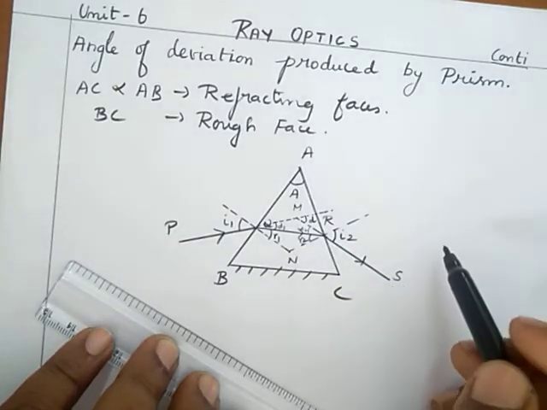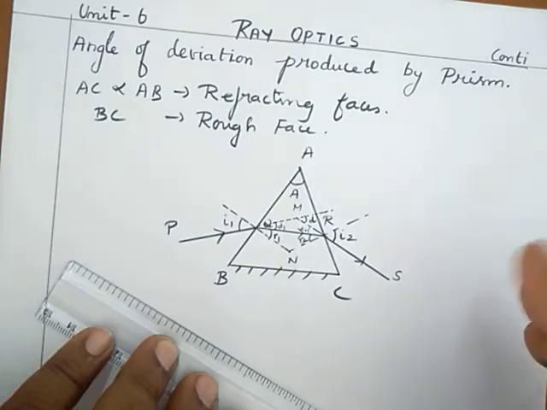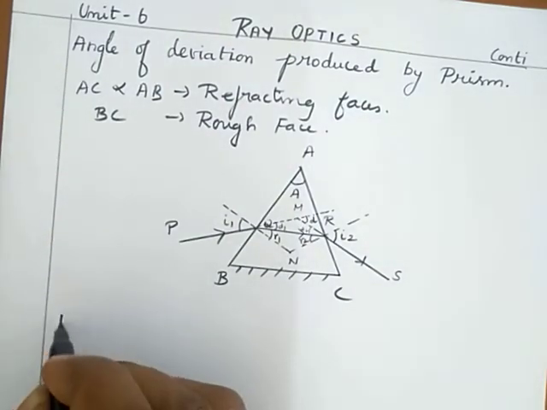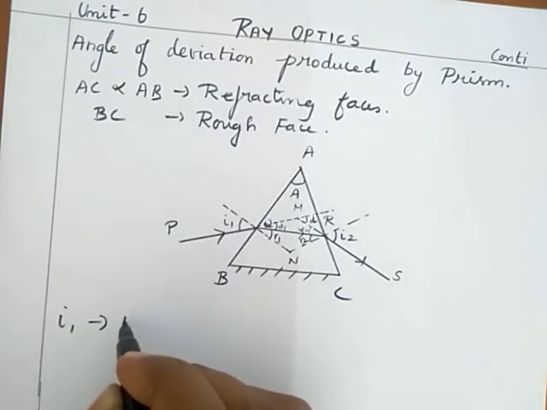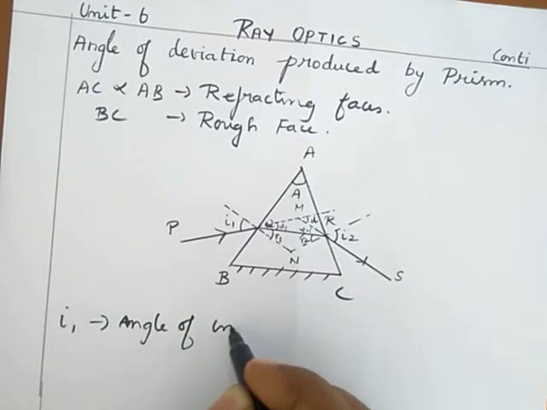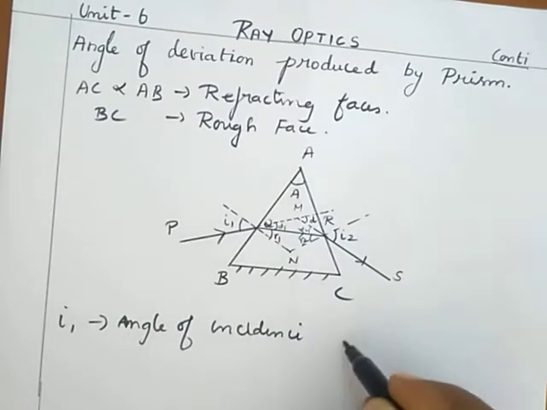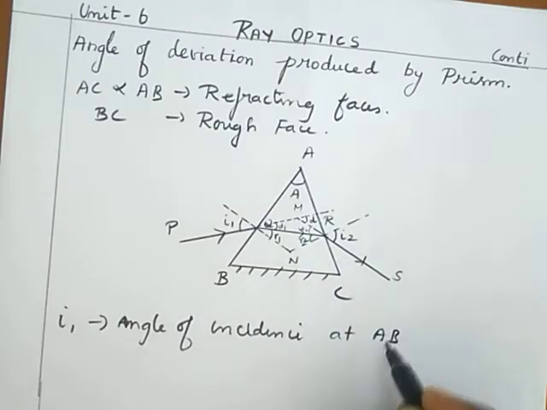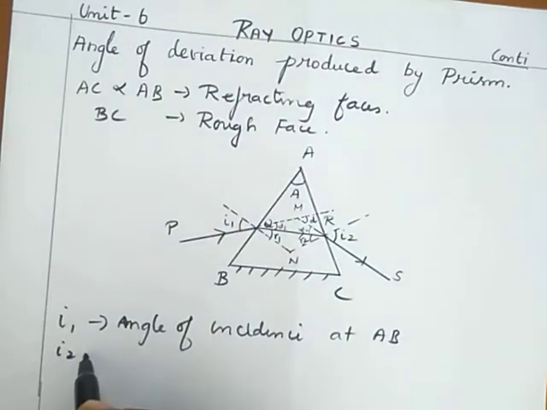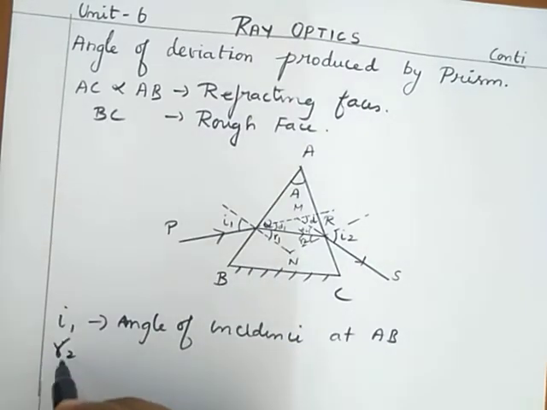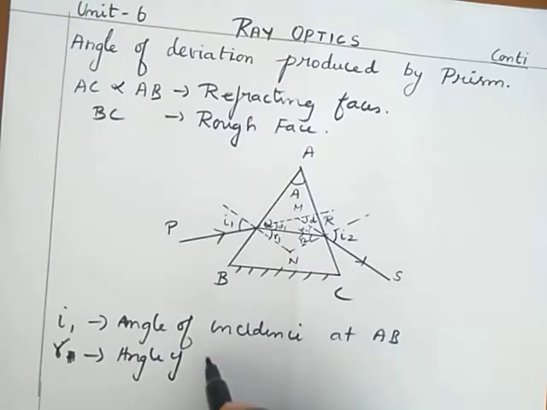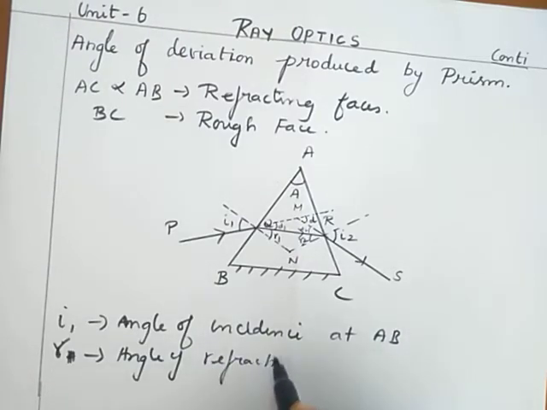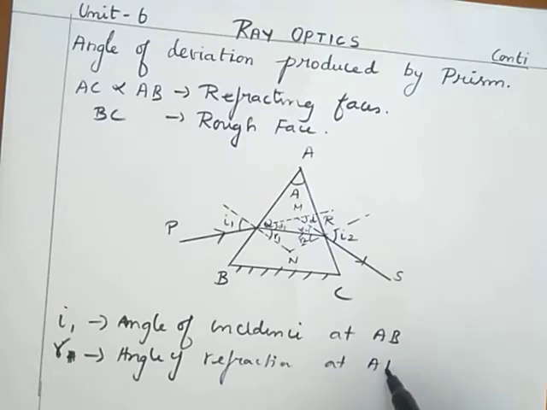Let me see how to calculate the angle of deviation. Here we know I1 is the angle of incidence at the face AB, and R1 is the angle of refraction at face AB.